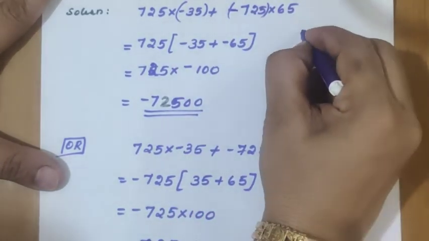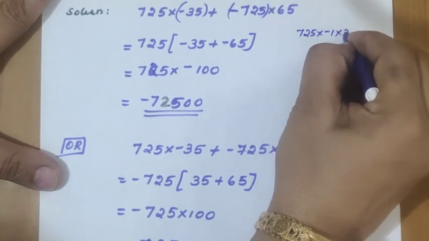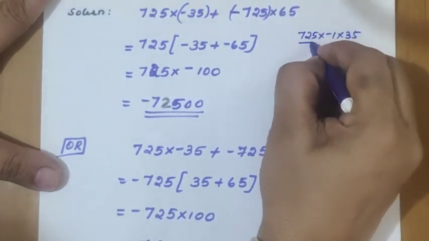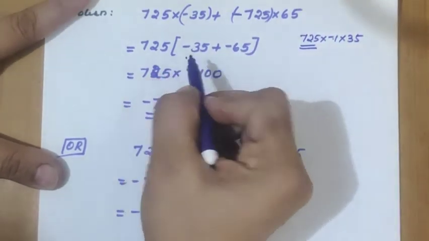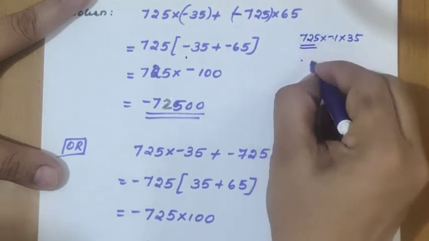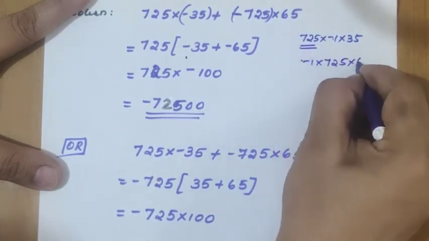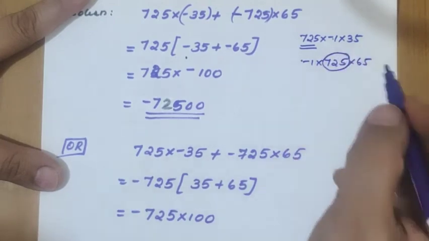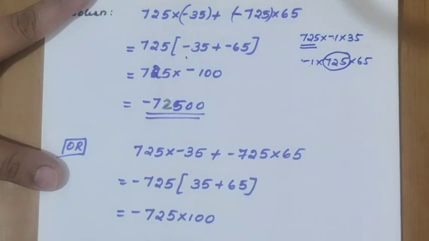Actually what is the meaning of this? 725 into minus 1 into 35. That is why when we take 725, minus 1 into 35, minus 35 comes. Similarly minus 725 can be written as minus 1 into 725 into 65. So what are we taking common? 725. So what is remaining? Minus 1 into 65. That is we are getting minus 65.